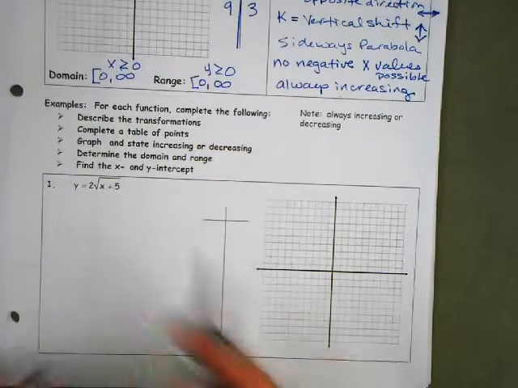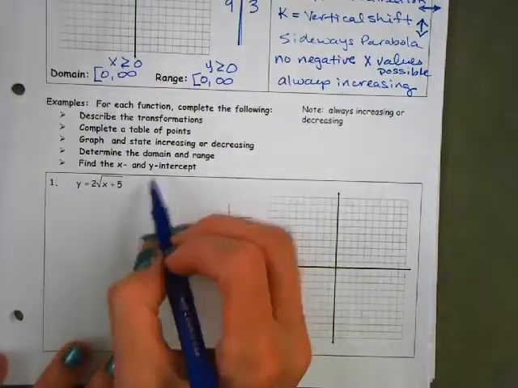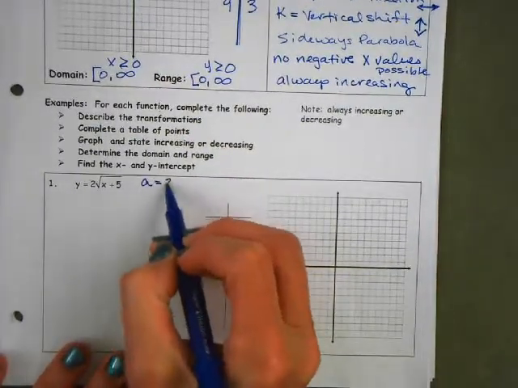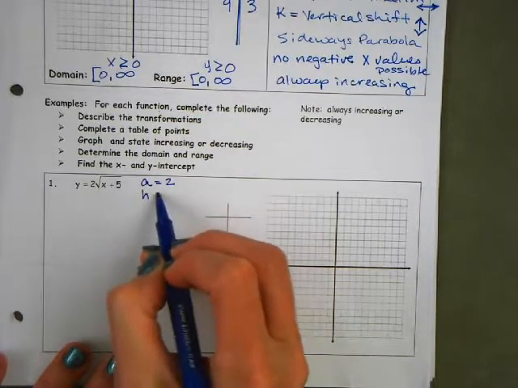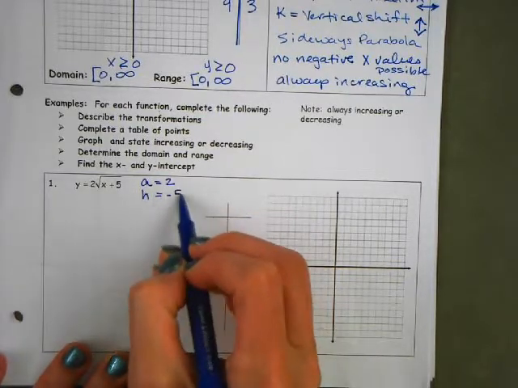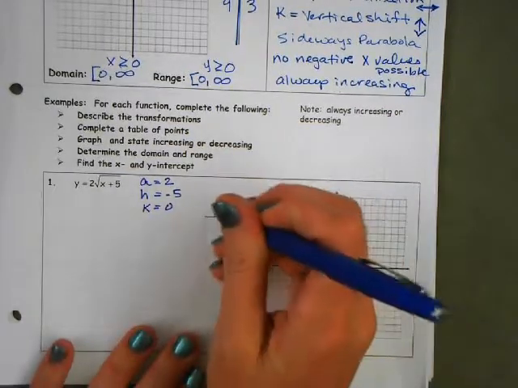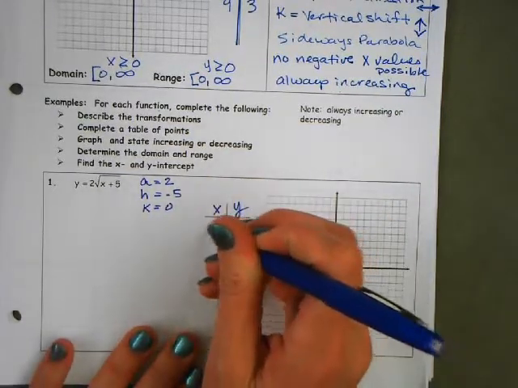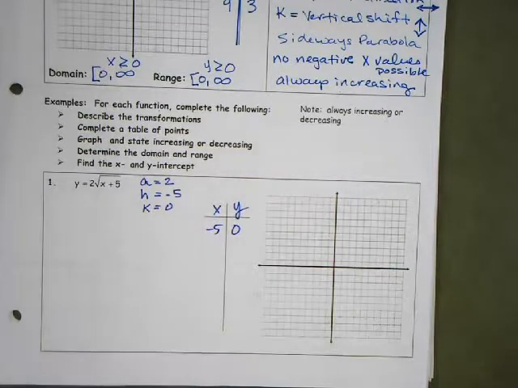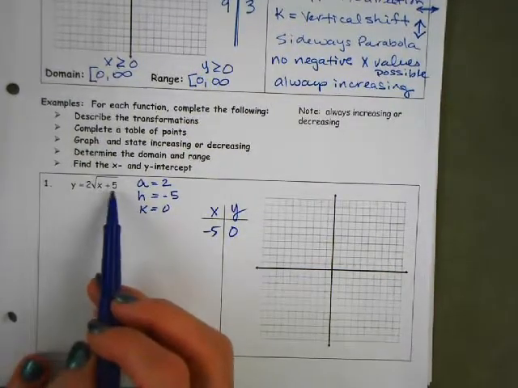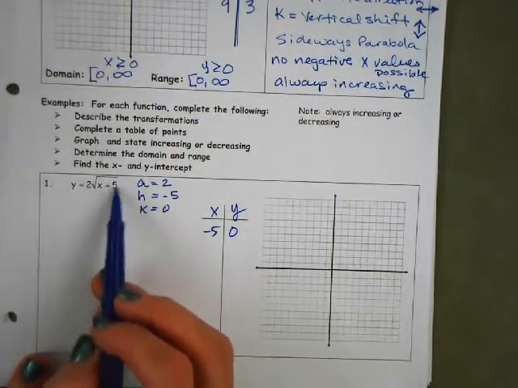On this one here, let's look at the bottom one here. What is A? 2. What is H? -5. And what is K? It is 0. So when I start my T-chart, I want to start -5, 0. Why is it -5? Because H is always the opposite of what's right here.